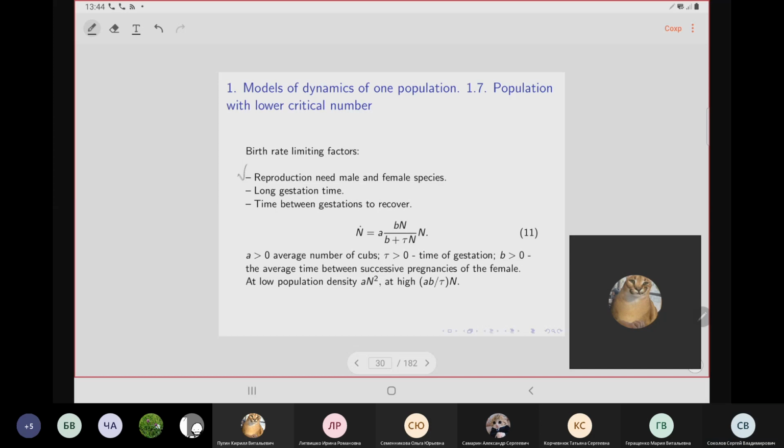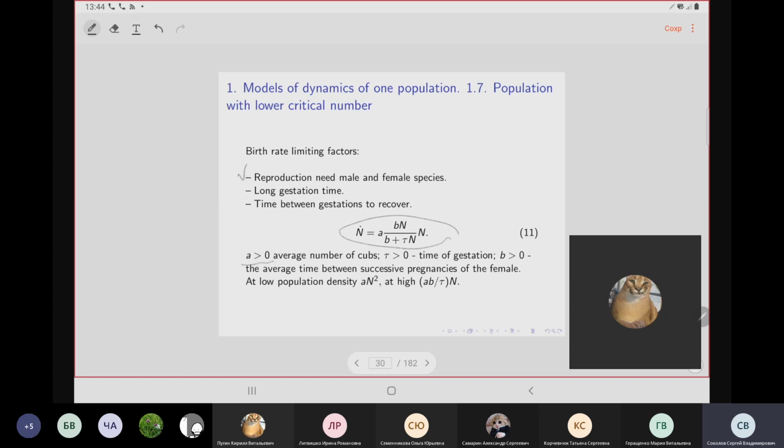So the equation must be in the form 11. What do a, b, and tau mean? a is the average number of cubs, so it's the number of children for every gestation.